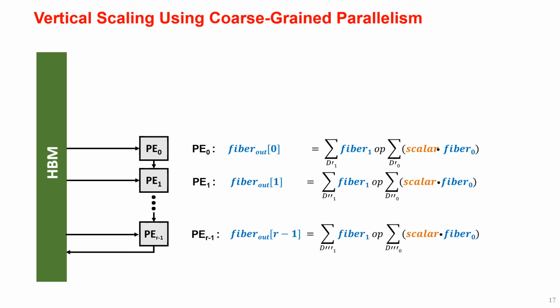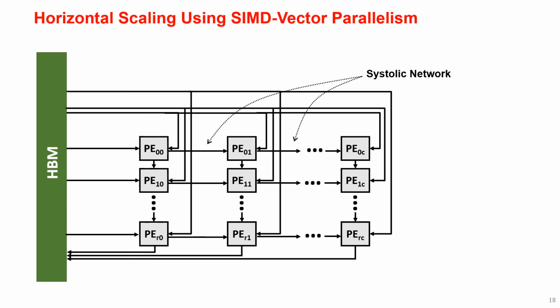We then realize that apart from the coarse-grained parallelism, there is also fine-grained SIMD parallelism within each P, where each P is performing a long SIMD vector compute. Thus, we split these long vector computations into multiple small vector computations and perform them in different P's by creating a 1D systolic network of P's.